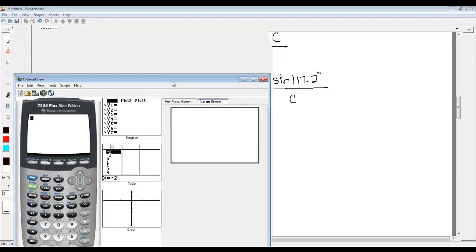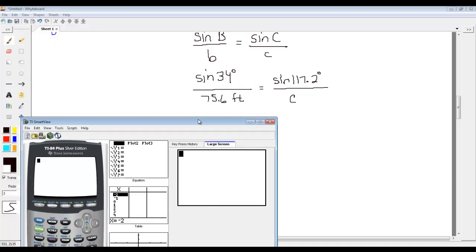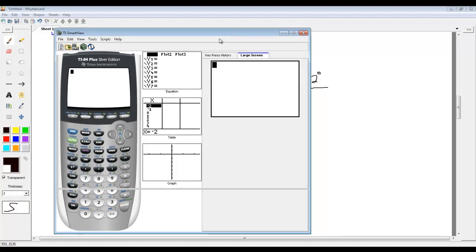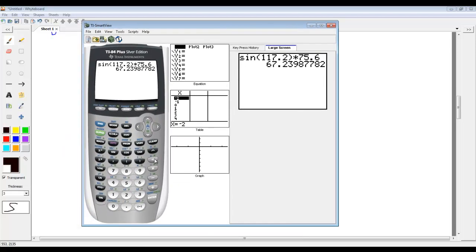Okay, so in this one I'm going to be multiplying the sine of 117.2 by 75.6. And then I'm going to be dividing by sine of 34.